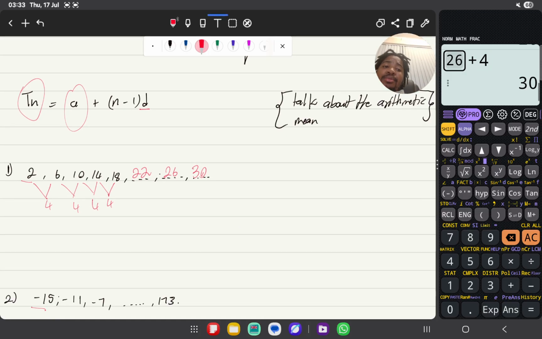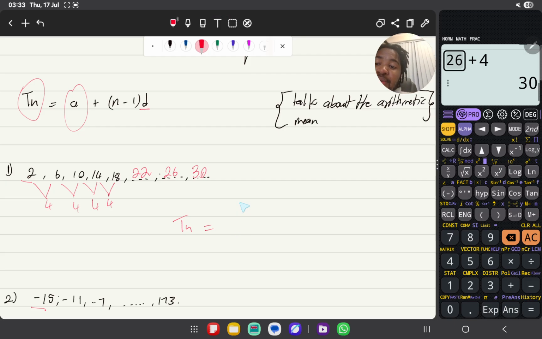And then the follow-up question would usually be, find Tn. So to find Tn, Tn equals a plus... what is a?